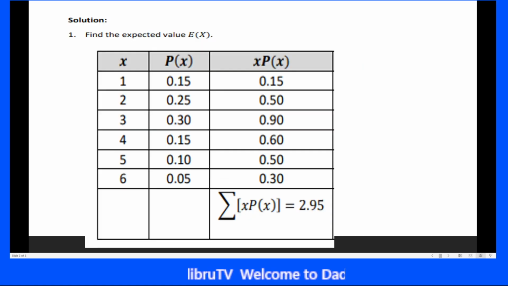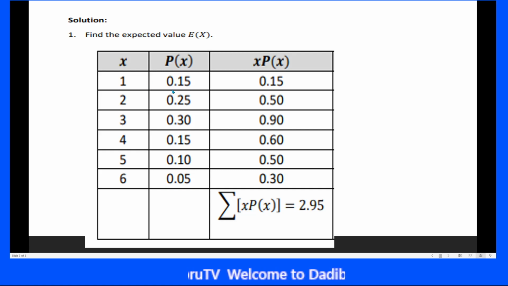Okay, for the first solution, una, find the expected value or the E of x. So to get the E of x, just simply multiply the values of x to the probability of x.